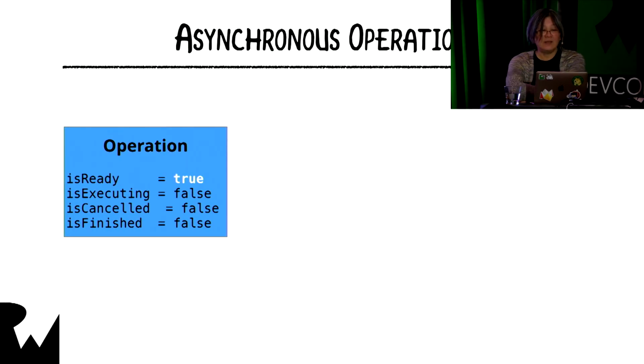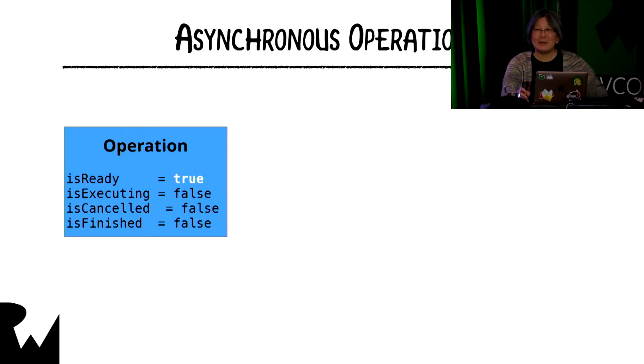Okay, so now we get to asynchronous operations. Because operation queues and dependencies give you such nice control over your app's operations, you will want to use asynchronous APIs like URL session in your dependency graphs. An operation queue starts the dependent operation when the operation it was waiting for finishes.